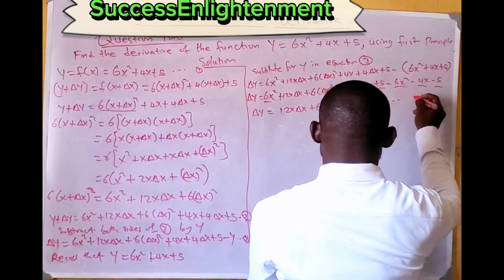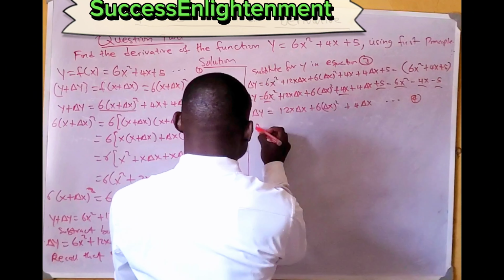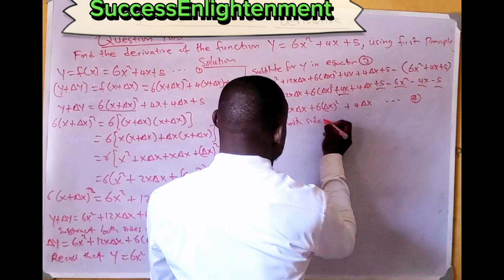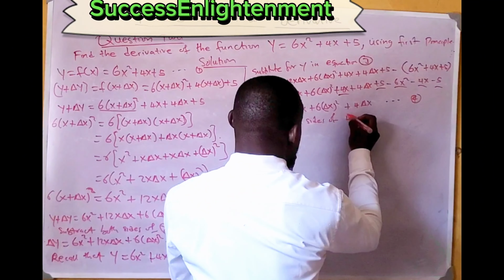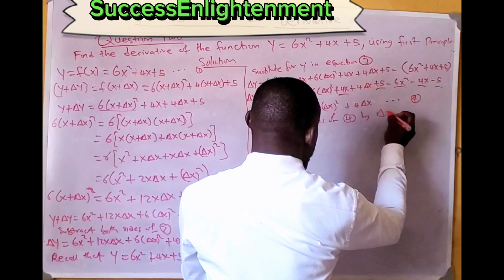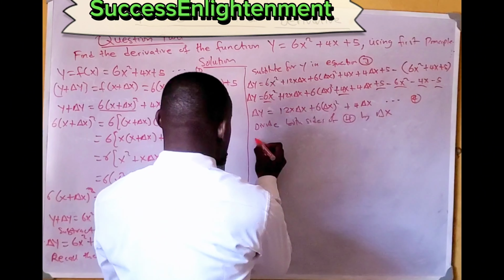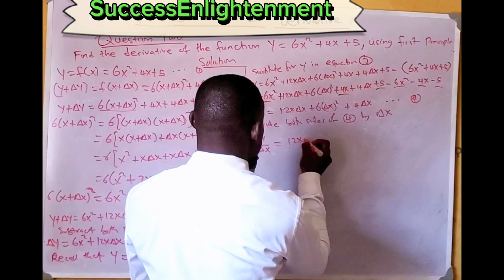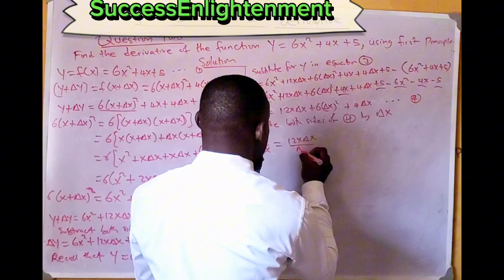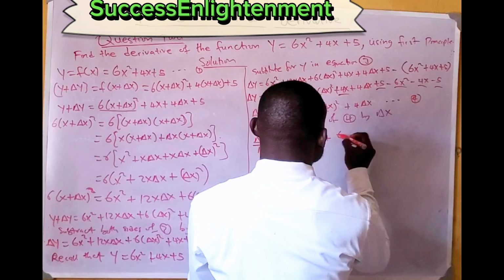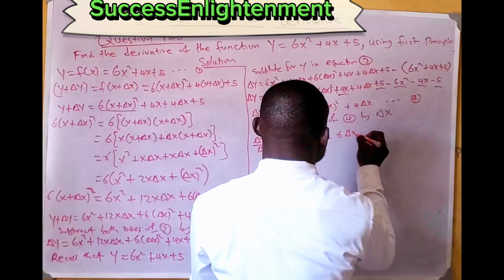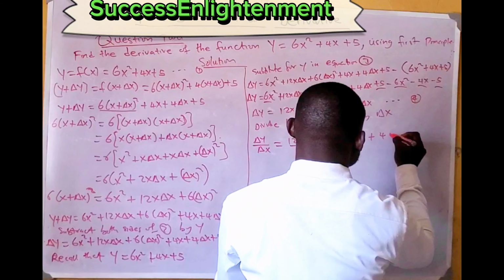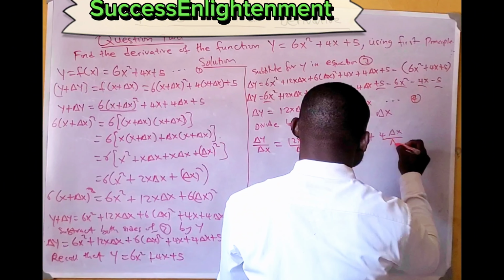Let's call this equation 4, then divide both sides of equation 4 by change in x or delta x. So then we have change in y over change in x equals 12x change in x over change in x, plus 6 change in x all squared over change in x, plus 4 change in x over change in x.